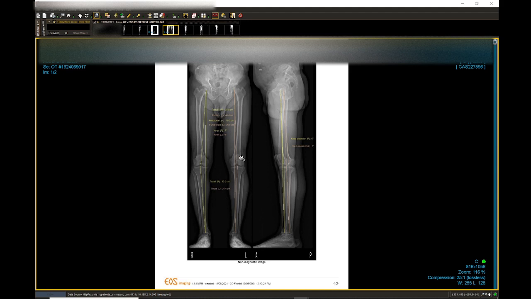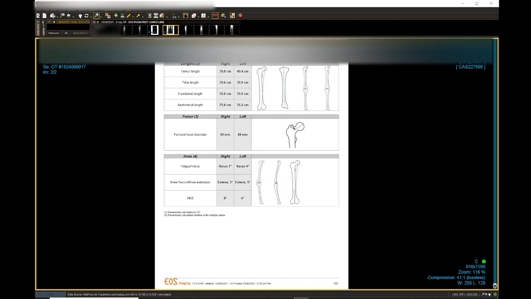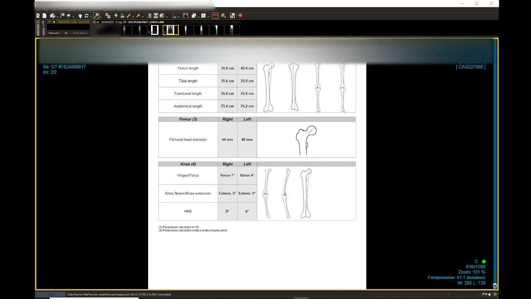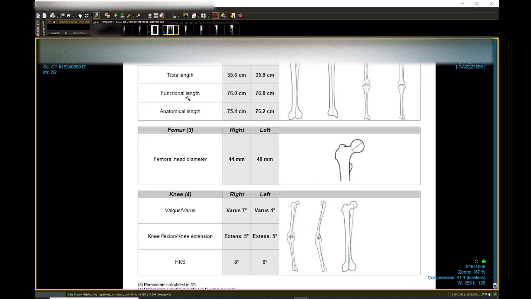The best way, to be honest with you, is to take both those measurements, and most of the time they're pretty close anyway, but that will give you an idea what the leg length would be. Again, we use the word functional to mean a leg length caused by muscular imbalance, but here they've used it to include the actual knee joint.